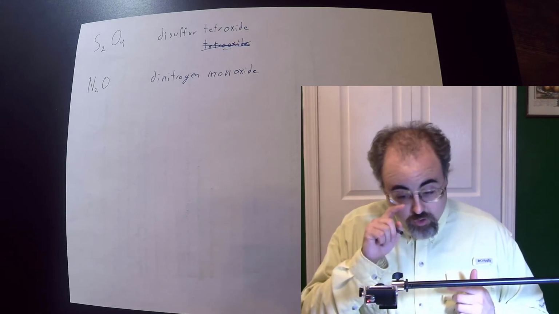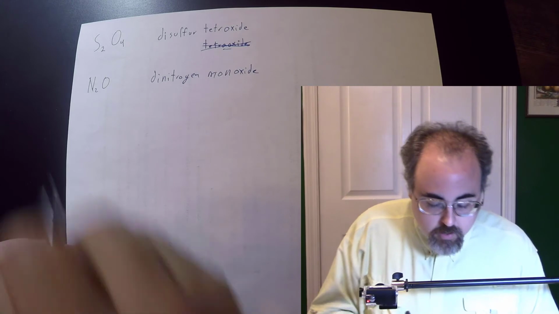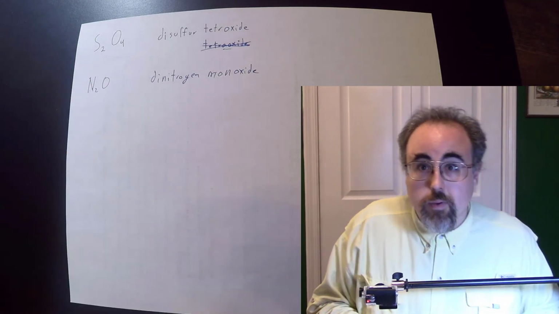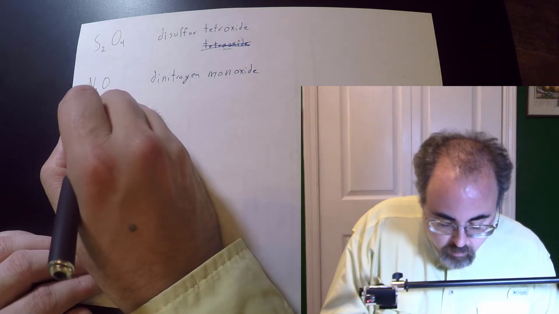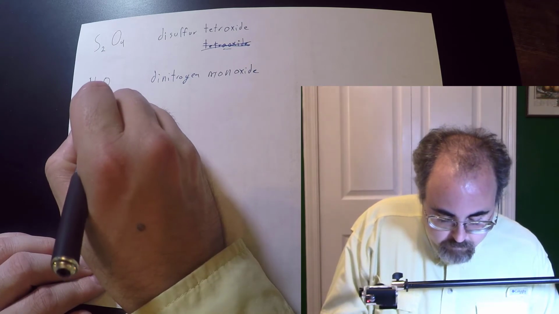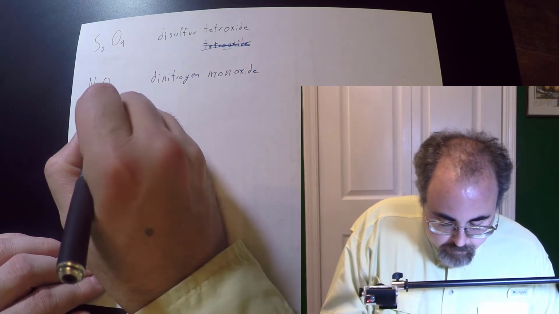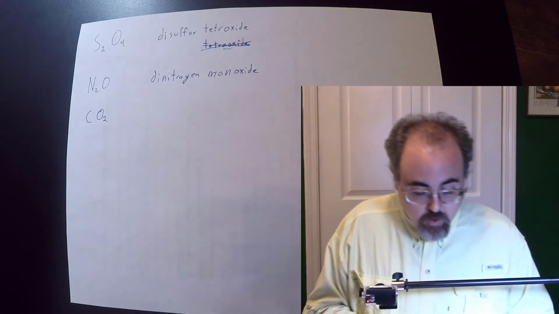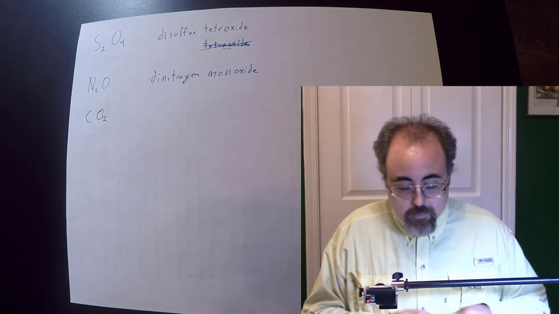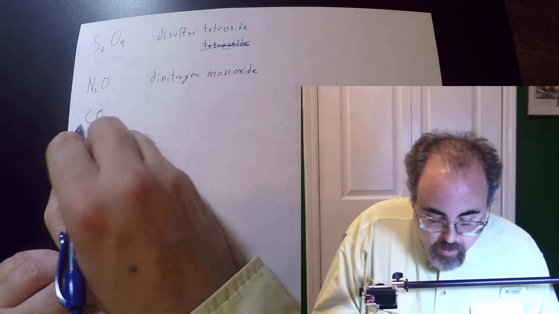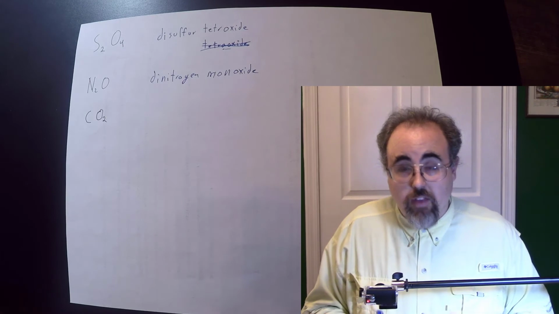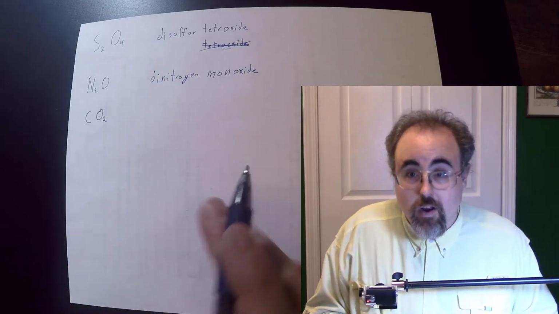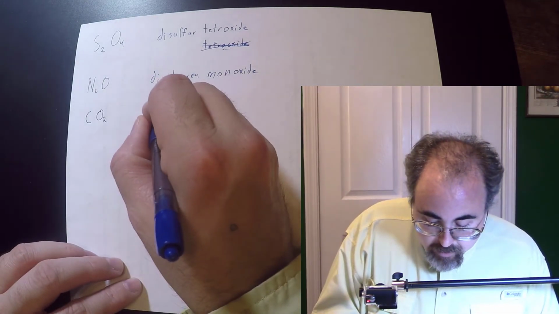Actually, what I want to do is show you another quirk to this one, because really we've covered it. There's only one more major quirk that I need to show you. So let's look at CO2, and you already know the name of this one. When the first element starts out with just one of them, then we don't write the mono.